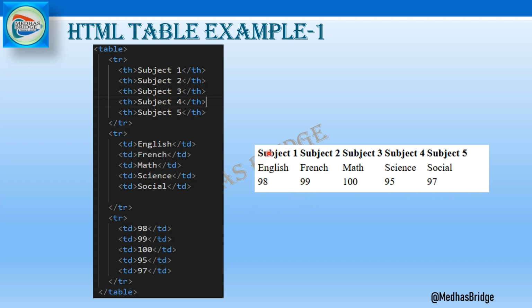This is the head, it is a little bold, and these are the rows; this is the head part, and these two are the data. You can say these are the rows, these are the columns, right? To display something like this, this is the syntax you have to use to create a table.